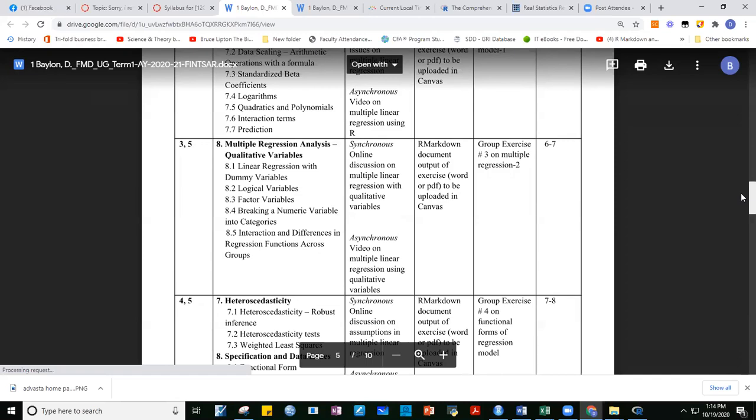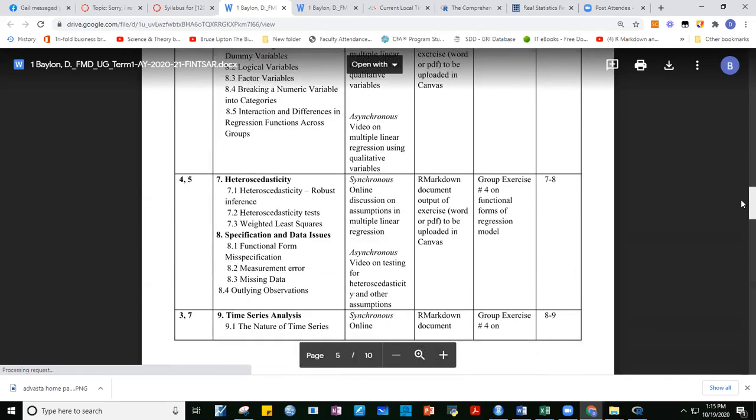So it's not a quantitative variable, it's a categorical variable. When you have explanatory variables that are qualitative or categorical in nature, how do we now use this in multiple regression? We're also going to look at dummy variables, factor variables. These things we're going to learn hopefully by weeks 6 to 7.